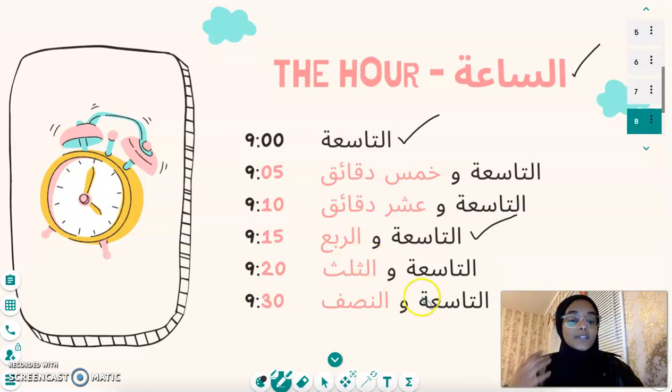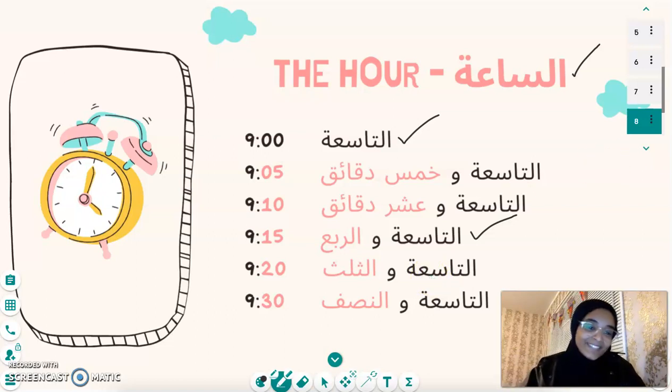When it's 9:30 it's الساعة التاسعة والنصف. So الربع is quarter, الثلث is third, النصف is half.